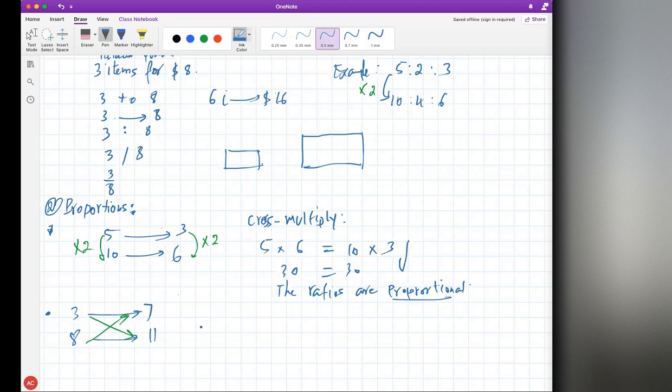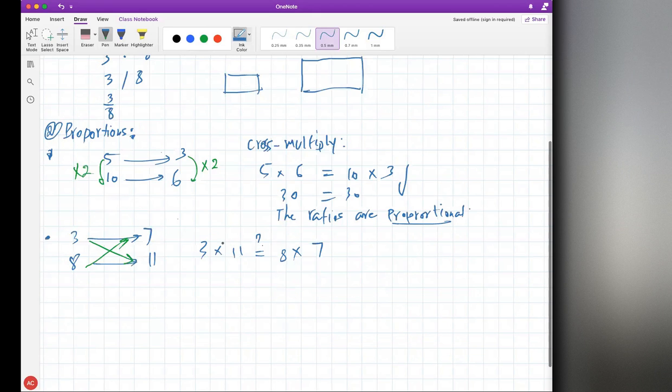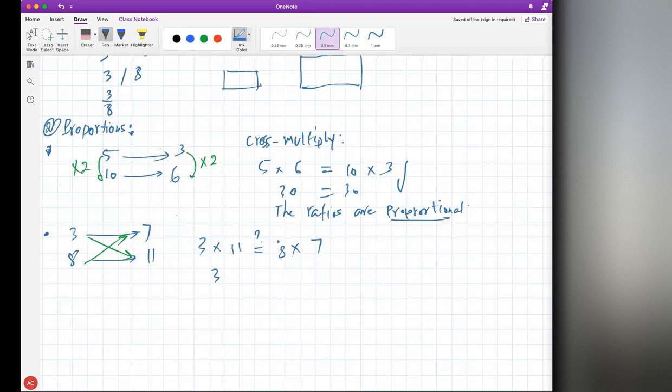So 3 times 11. Again, we say is it equal to 8 times 7. So this is 33. And this is 56. That's right. As you can see, they're not equal at all. All right. So what do we say about these ratios? They're not proportional. Exactly. So they're not proportional.